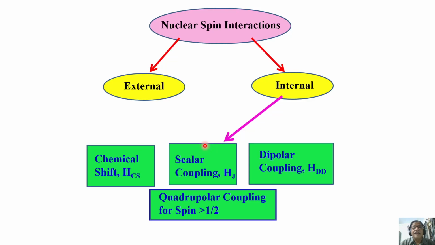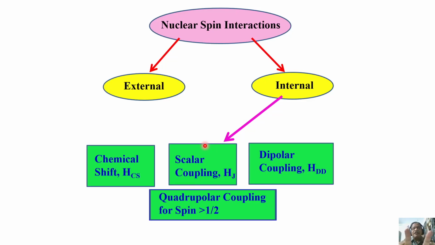And you can understand, because it is a through space interaction, the spatial proximity is very important. When you bring the spins closer and closer, the interaction becomes stronger and stronger. As you go away, the interaction reduces. It is a distance dependent interaction, because this interaction is taking place through space.